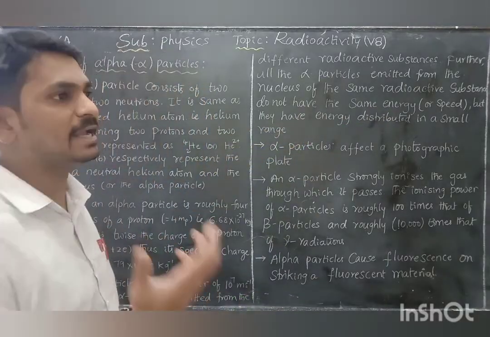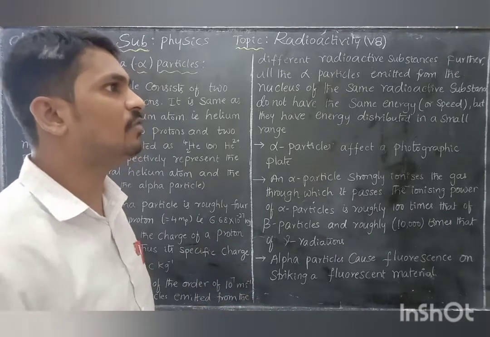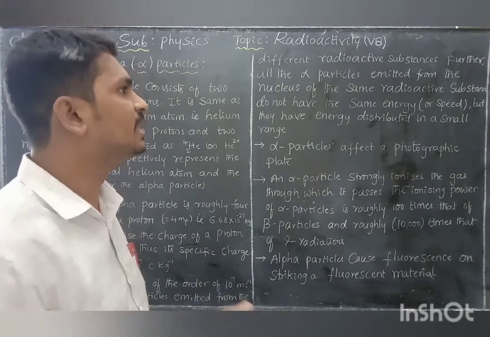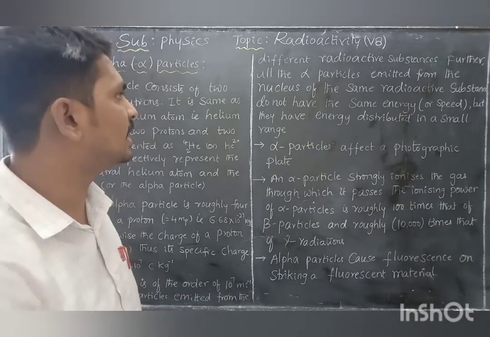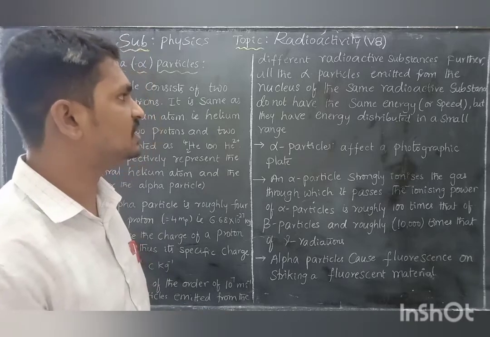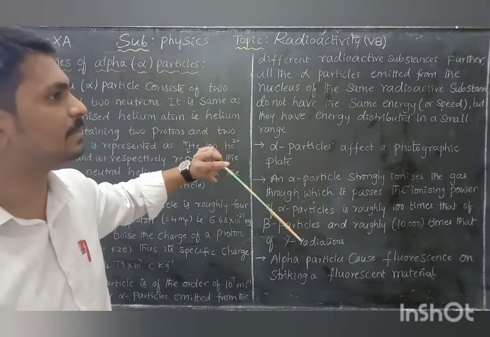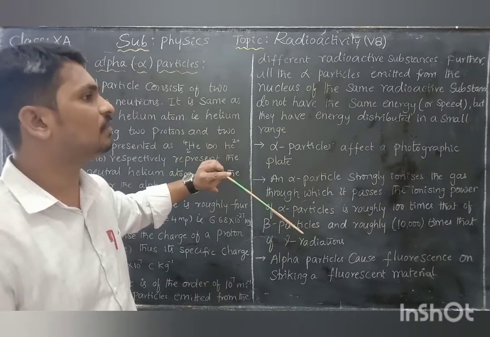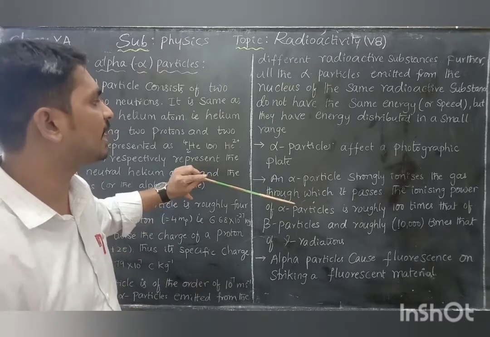Even if you take the same radioactive substance, the emitted alpha particles do not have the same energy, because their speed is different for different situations. So energy depends upon the speed. Even for the same radioactive substance, the alpha particle energy is not the same. It is distributed in a small range.